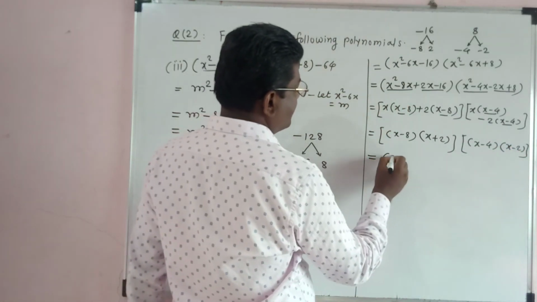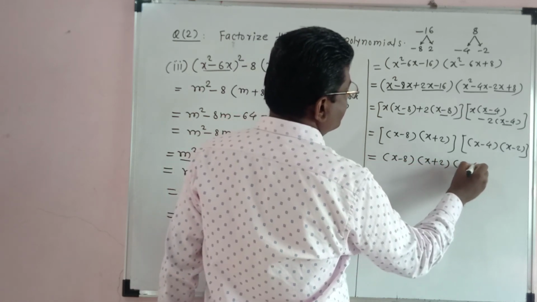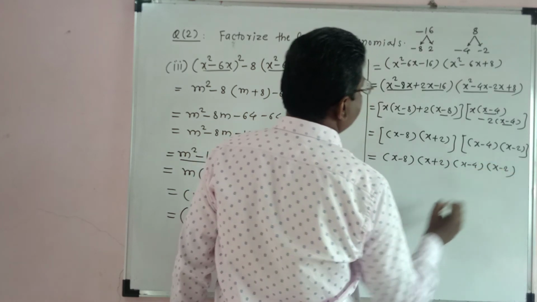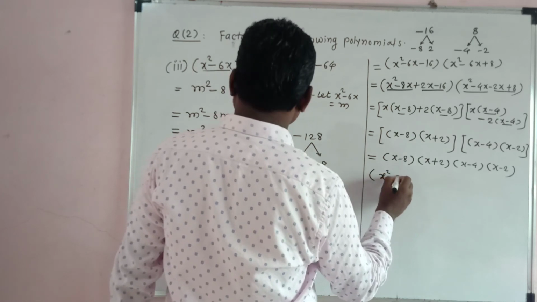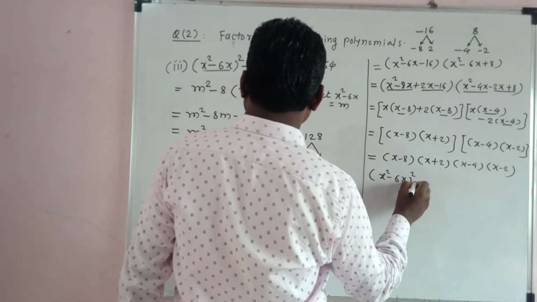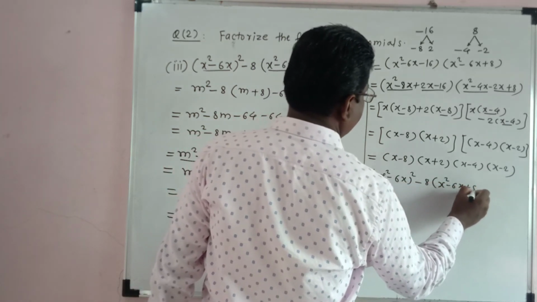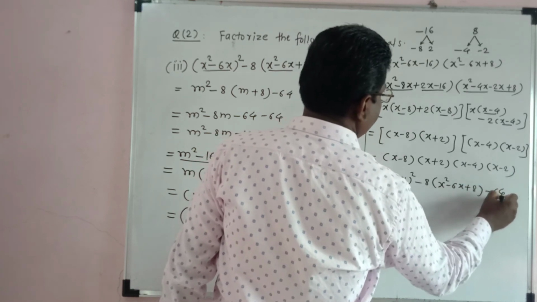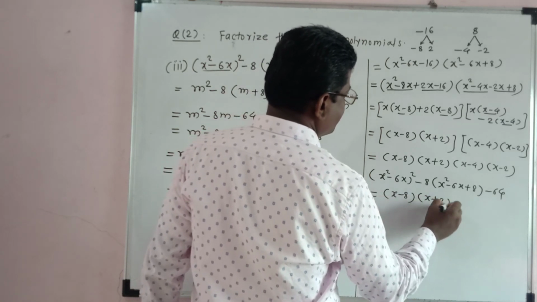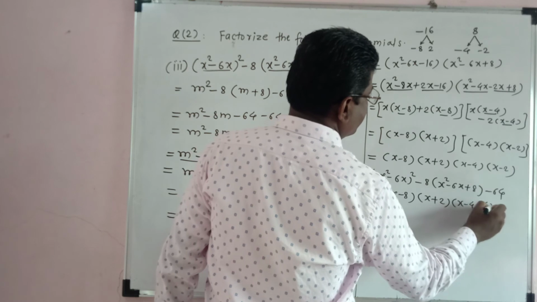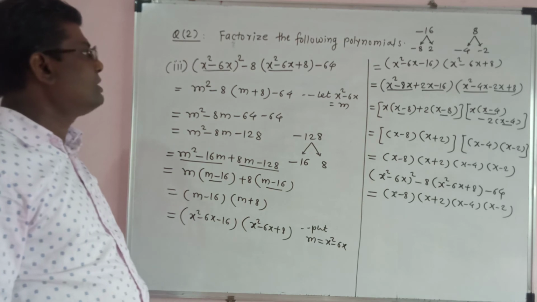So it is equal to x minus 8 into x plus 2 into x minus 4 into x minus 2. Therefore the factors of x square minus 6x in bracket square minus 8 in bracket x square minus 6x plus 8 minus 64 are x minus 8, x plus 2, x minus 4 and x minus 2, the factors of the given polynomial.